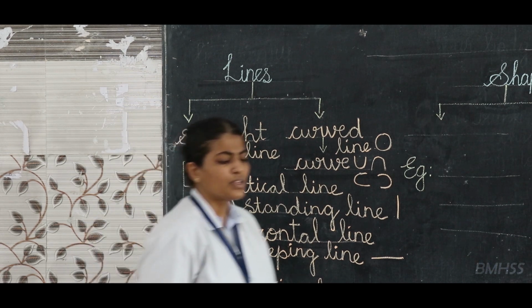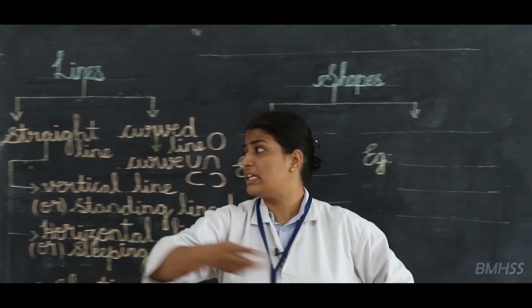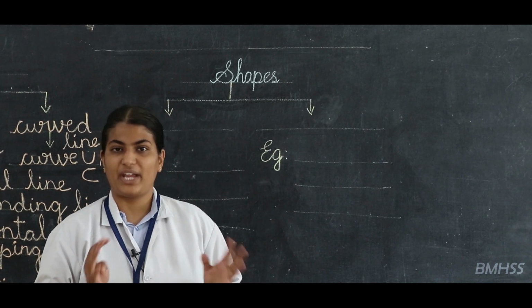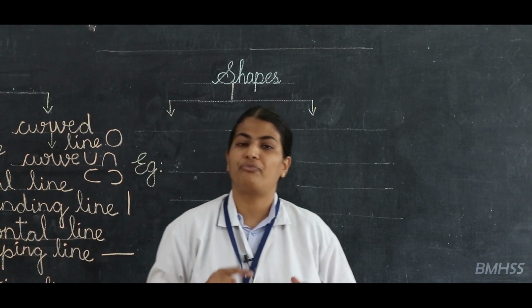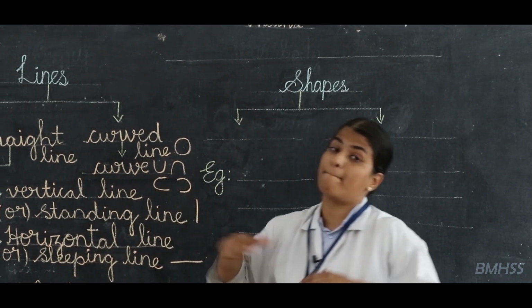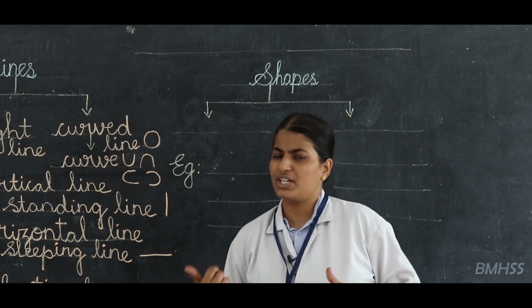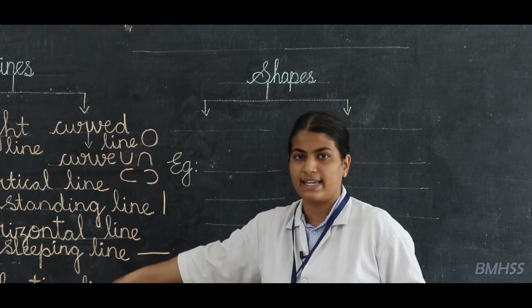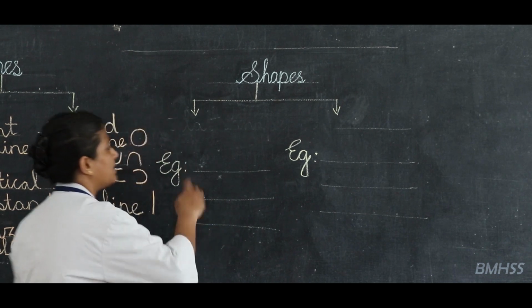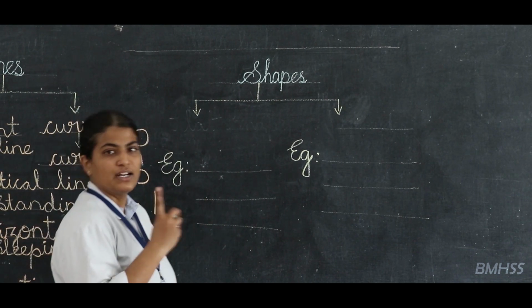Okay children. Now whatever things you see around you, they all have some shapes. Those shapes are formed of lines. So from these lines we can form many shapes. Shall we see what shapes are formed from these lines? The shapes are majorly divided into two groups, that is flat shape and solid shape.